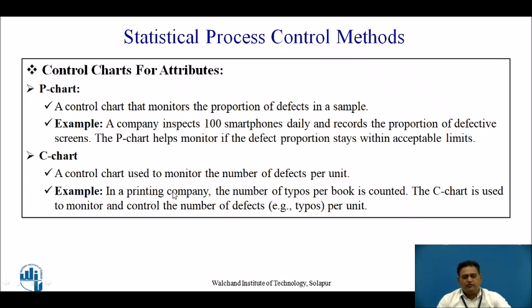So we can go with the count, the number of typos per book, and we can declare the number of typos in the particular book. So we can monitor and control and declare the overall defects. These are all about the attribute charts.